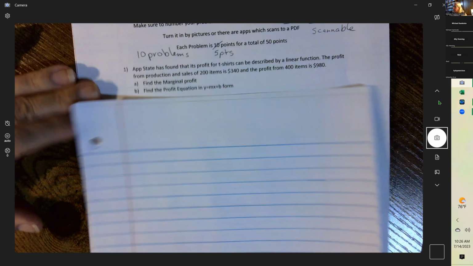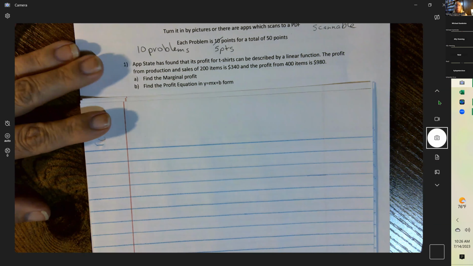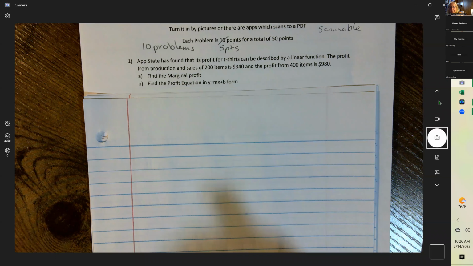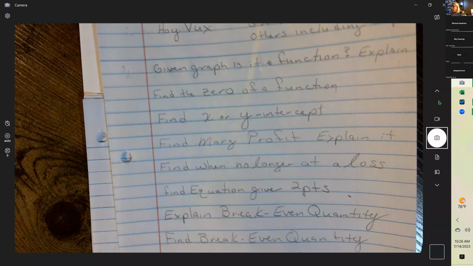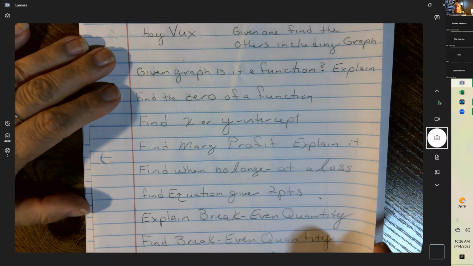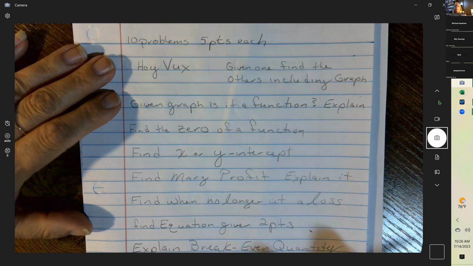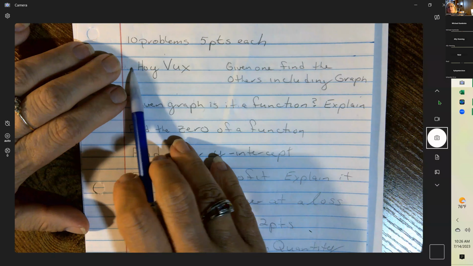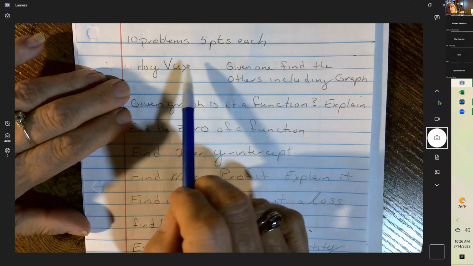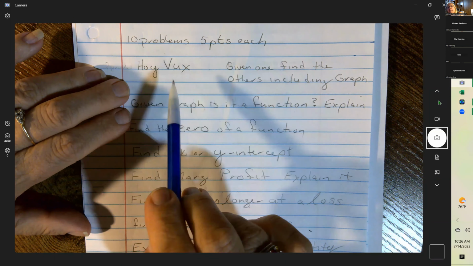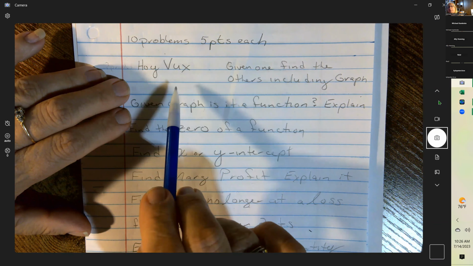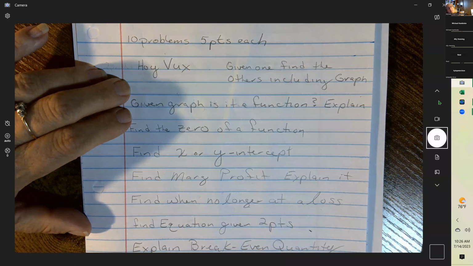Okay, let's look at the first one. You know, let me pull this over first. I was writing to make sure I covered everything. So there's 10 problems, 5 points each. The domain and range is at least 2 problems, I think. I don't think it's more than that, but it's at least 2.